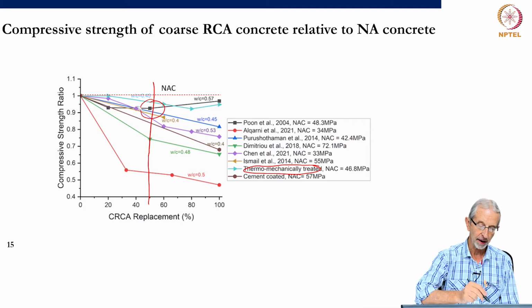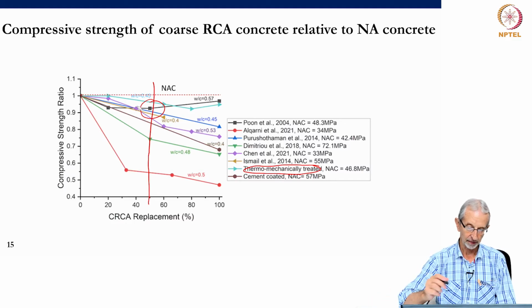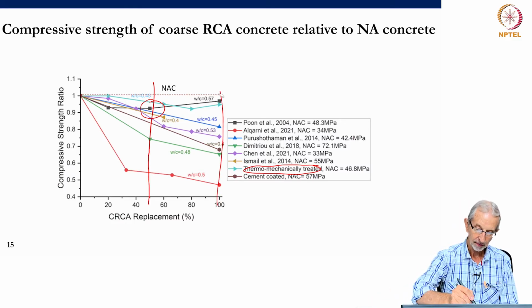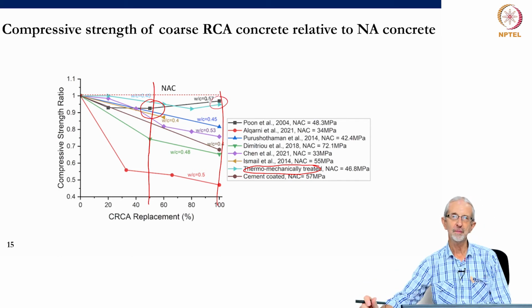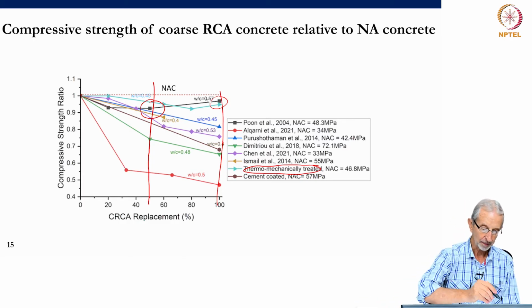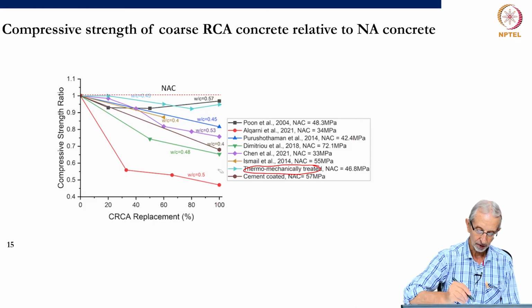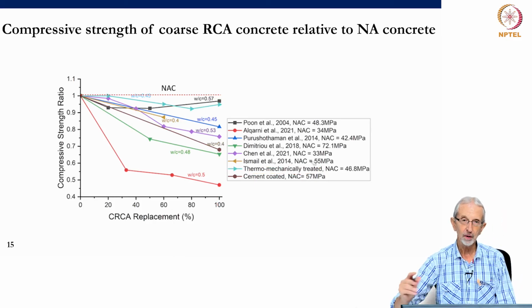Of course, there are the outliers that have a huge influence, and in that case, you're dealing with a different material altogether. So even up at 100% here, you can see that it's still quite possible to have full replacement, and we saw that in an earlier slide, and still get very good strength values. So it is quite possible to have recycled coarse aggregates that can give us concrete properties that are really quite acceptable.